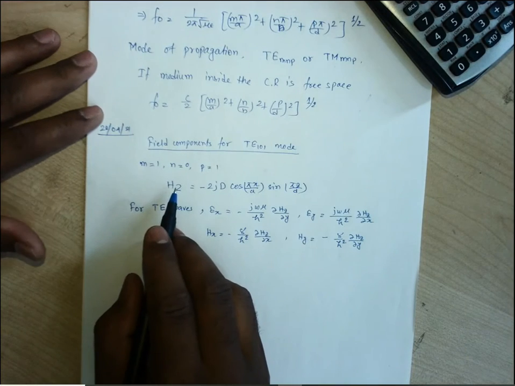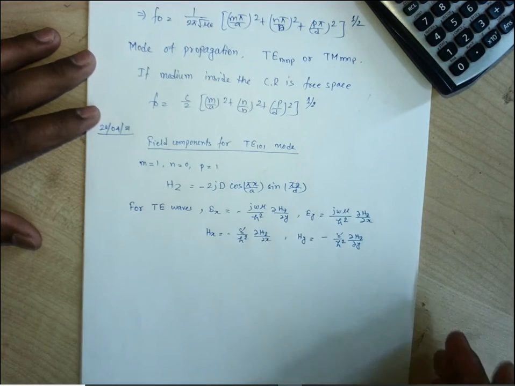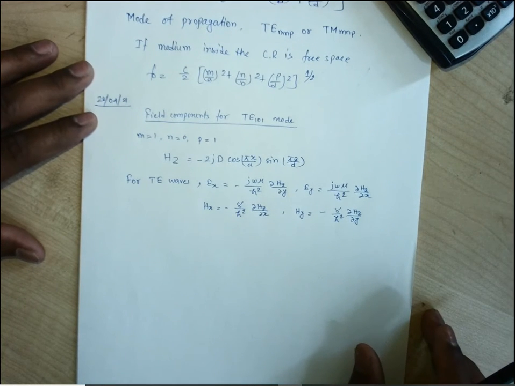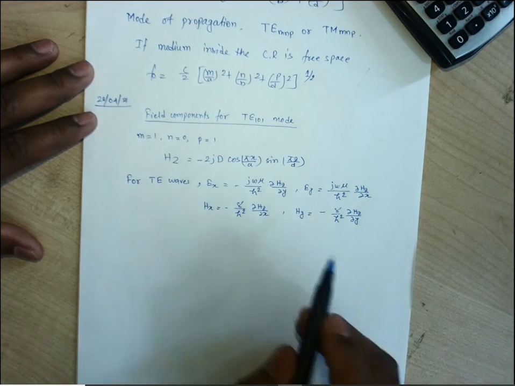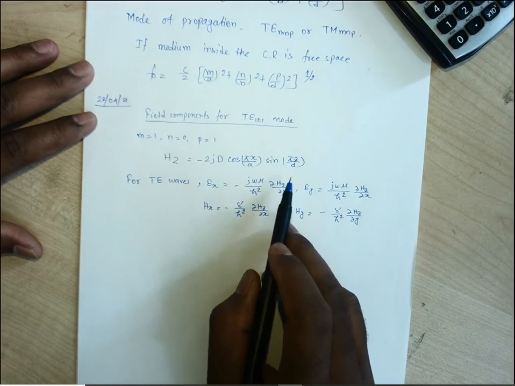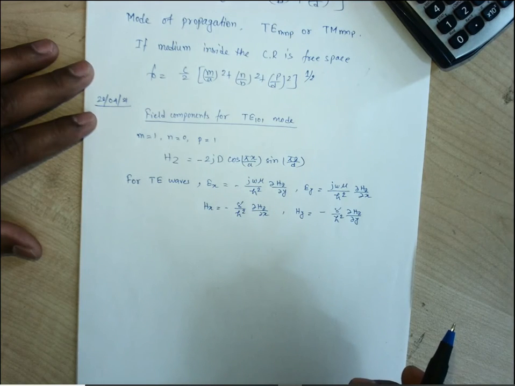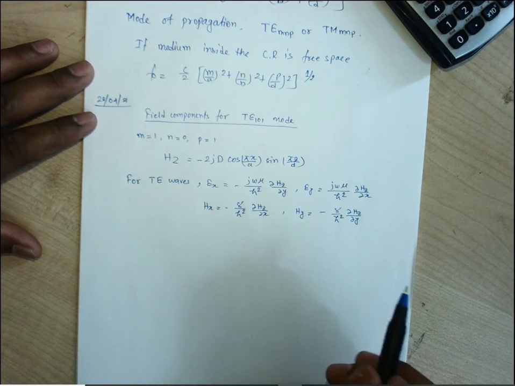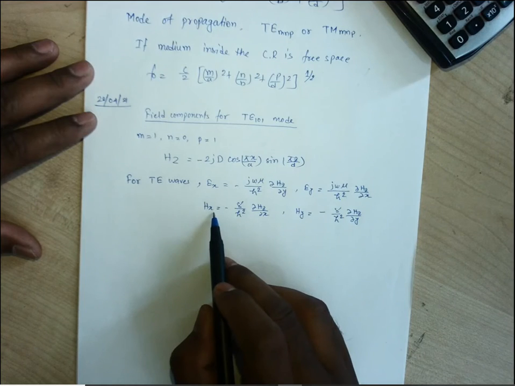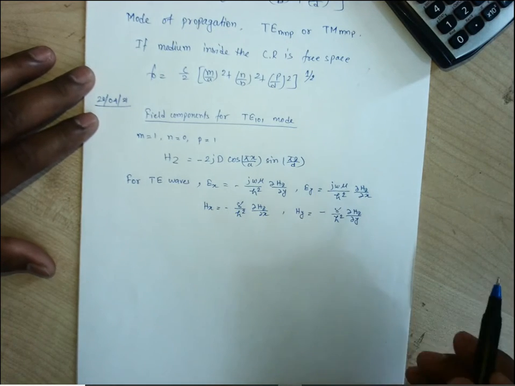So we need to put the value of Hz in these four expressions. If we put the value of Hz, depending upon the derivation, we will find there is no derivative with respect to y. Okay. So we are supposed to have components with respect to x and z. So we can say we are having the components Hx and Ey only.